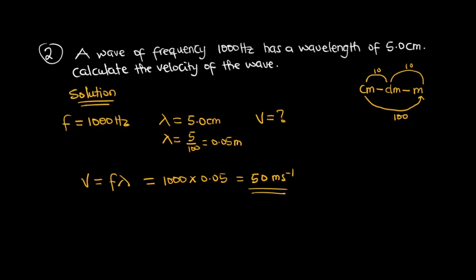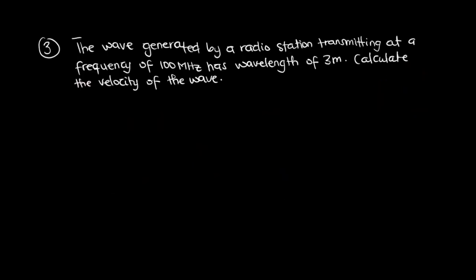All right, so let's have a look at one last example. We have a wave generated by a radio station transmitting at a frequency of 100 megahertz. 100 megahertz has a wavelength of 3 meters. We have to calculate the velocity of the wave.